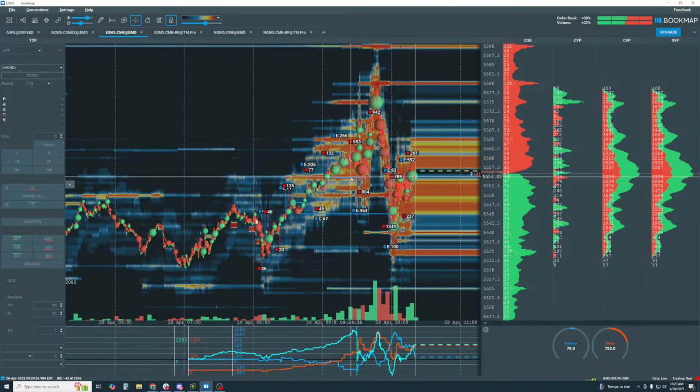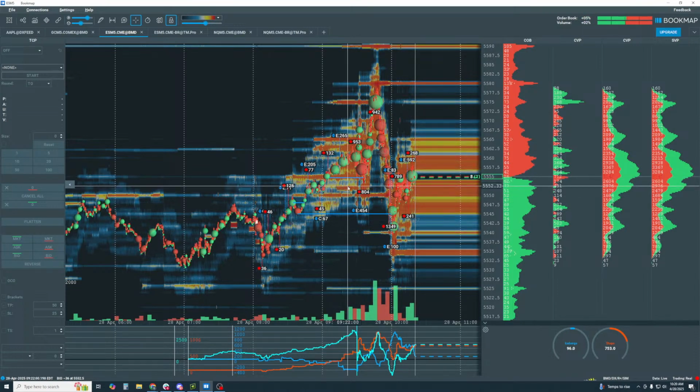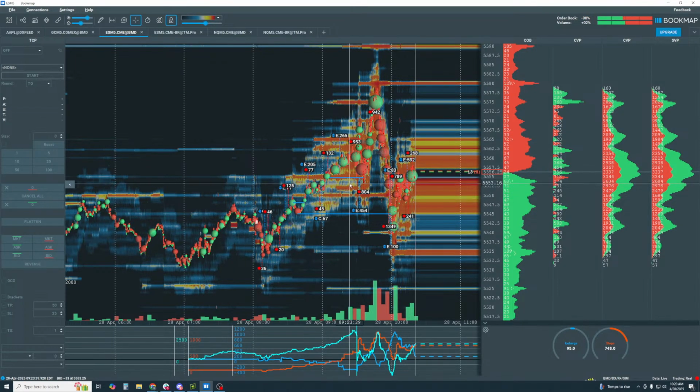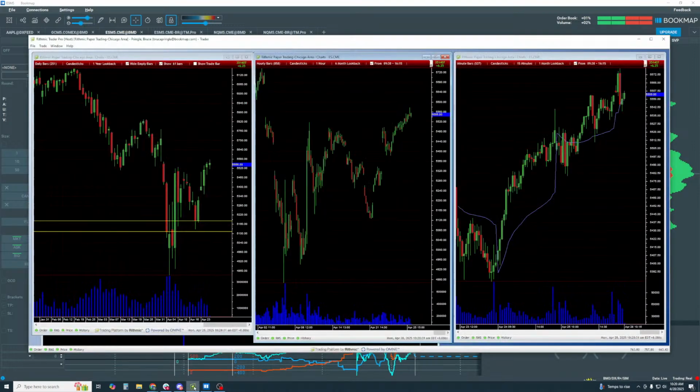There are a couple of different ways we can do that, by zooming out and starting to understand who's in control of the market. We can start with a candlestick chart. This is a daily candlestick chart on the left, an hourly in the middle, and a 15-minute on the right. You can see this auction in the hourly, and the way it auctioned up above the swings.